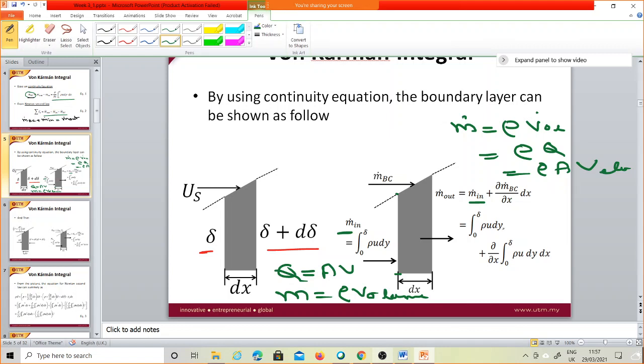You just need to differentiate the same property here, and then multiply by dx. So your out will be this much.